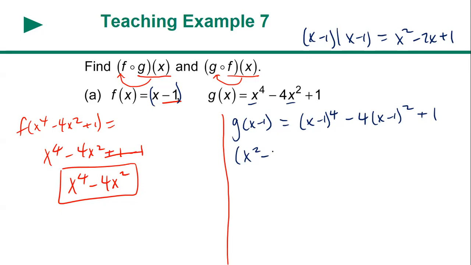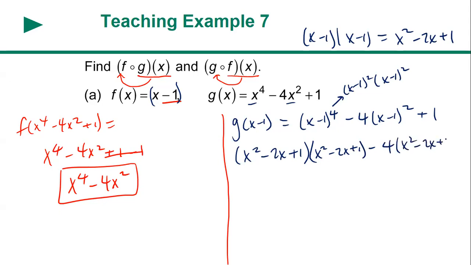All right, so we have x squared minus 2x plus 1. And it's going to be two of them because x minus 1 to the 4th is the same thing as x minus 1 squared times x minus 1 squared. Agree? So we have x squared minus 2x plus 1 minus 4 times x squared minus 2x plus 1 plus 1.